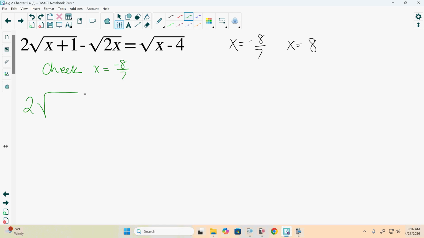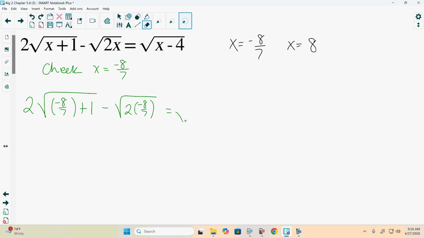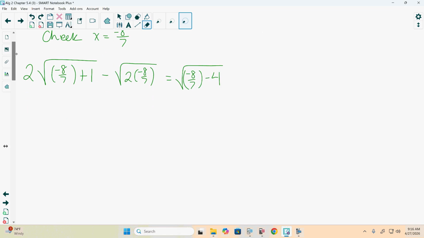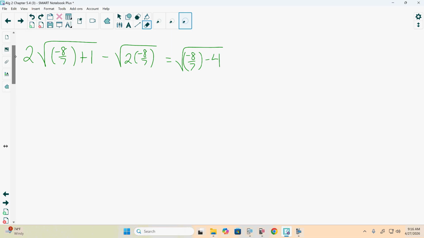So we have 2 times the square root of negative 8 sevenths plus 1 minus the square root of 2 times negative 8 sevenths equals the square root of negative 8 sevenths minus 4. At this point here, we can plug this entire left side into the calculator and see what it tells us.